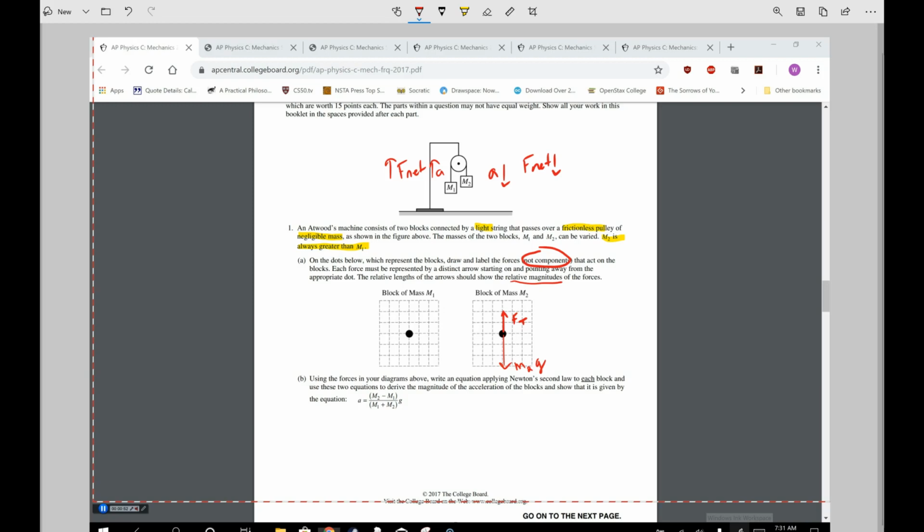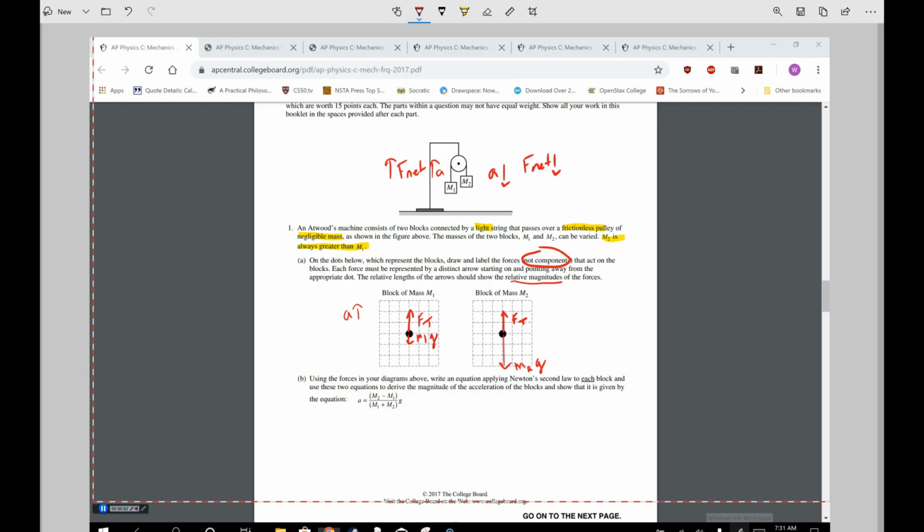Now, by Newton's third law, if the action is over here, since it's a massless rope and a massless frictionless pulley, then the reaction force will be over on block 1. And remember that the acceleration over here is up, so M1G I have to make really small to show the unbalanced forces on the other side. All right, we'll look at the scoring in a minute.